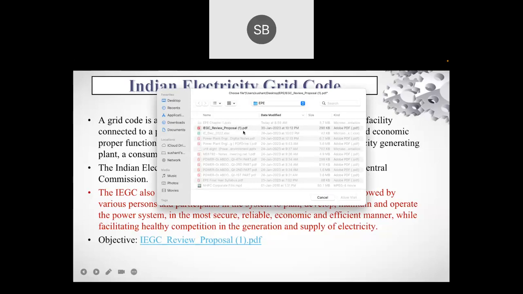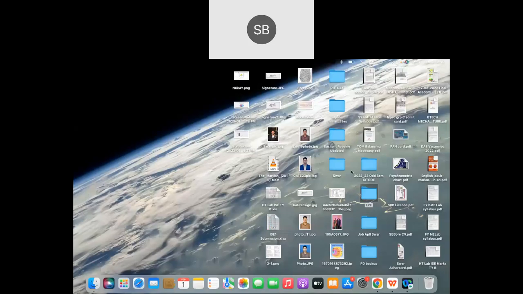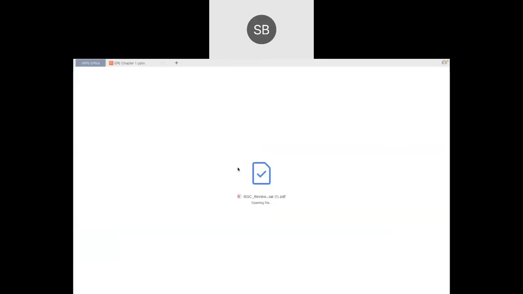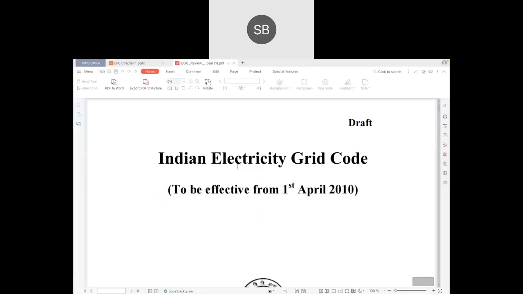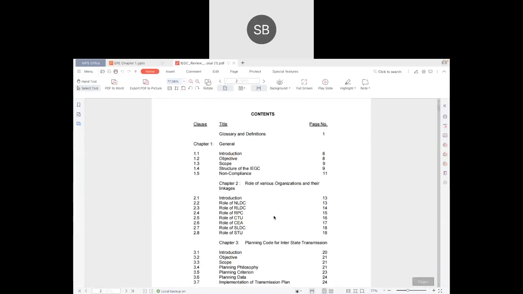You can also find this particular PDF. I will show you this PDF so you can understand what the electricity grid code is.